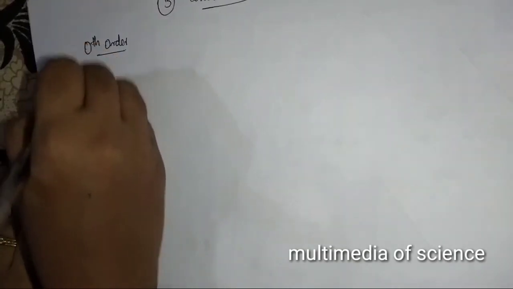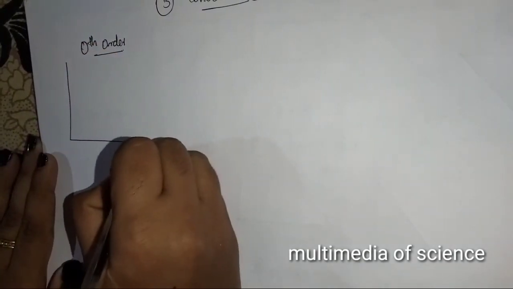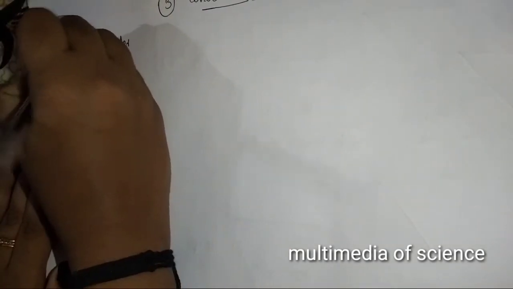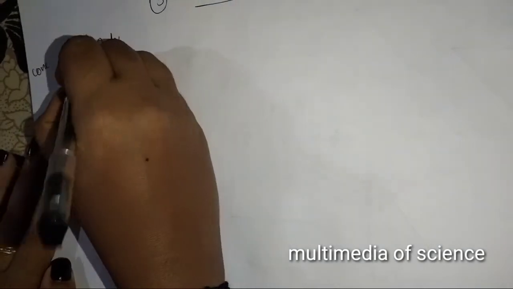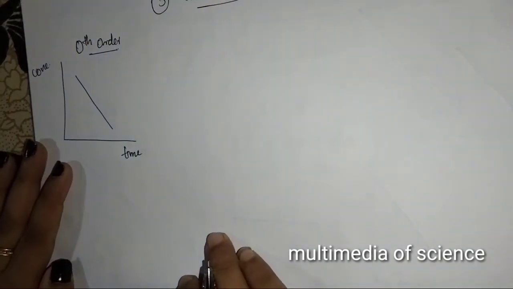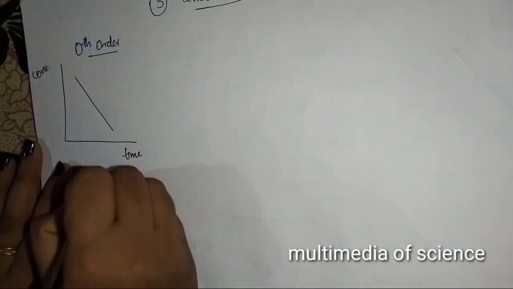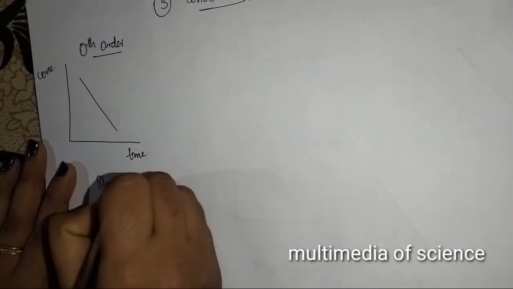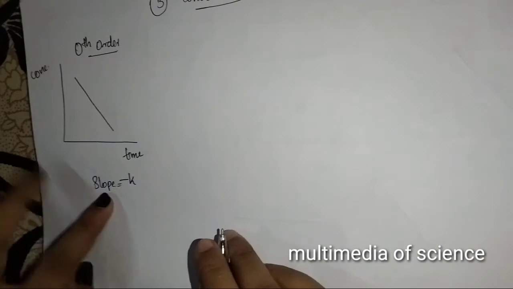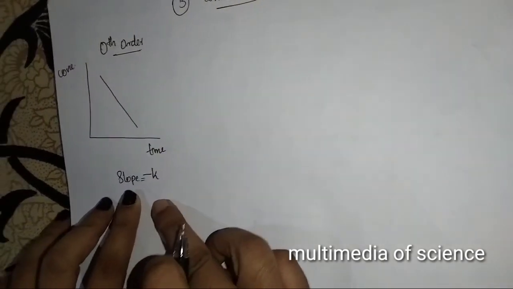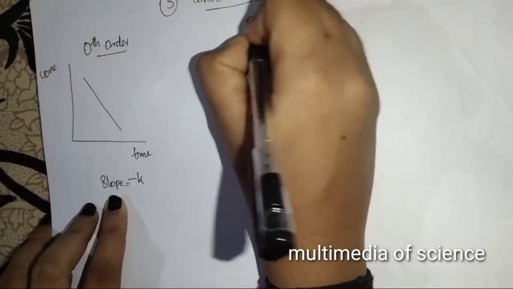Zeroth order, the concentration versus time. So time on the x-axis and concentration on the y-axis, then the graph will be like this. Clear? And here the slope is equal to minus k. Clear? A negative slope is there. Next is the first order.